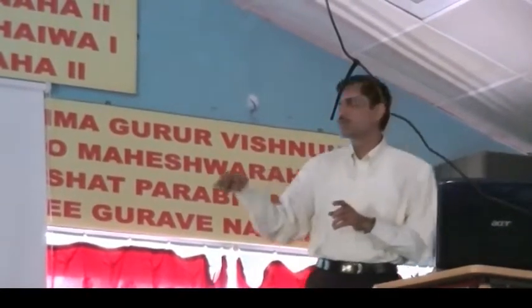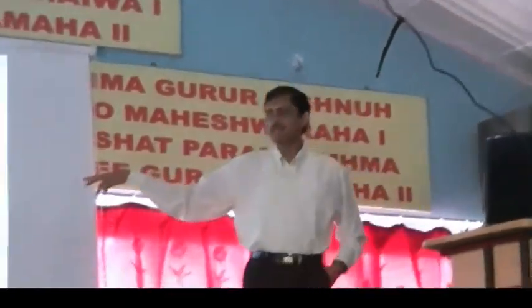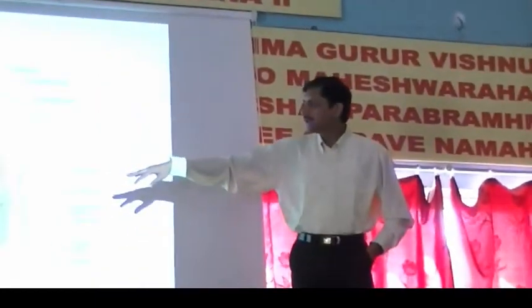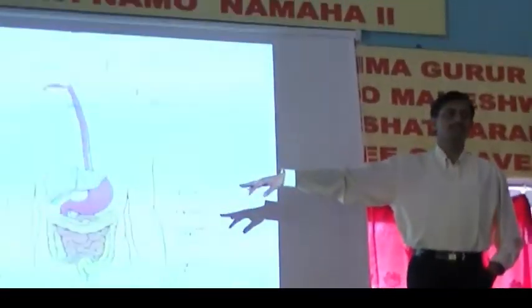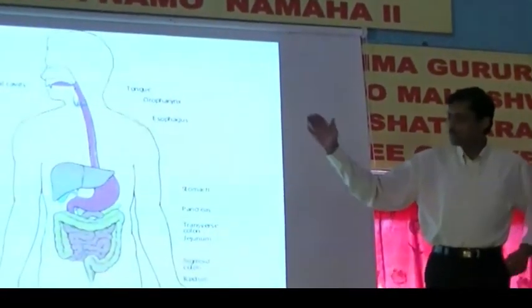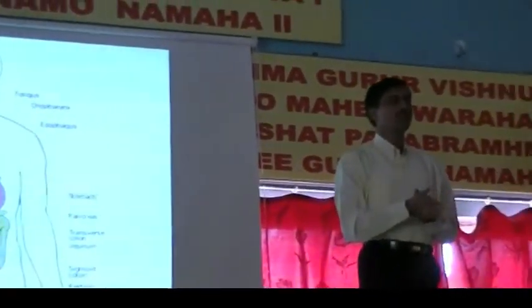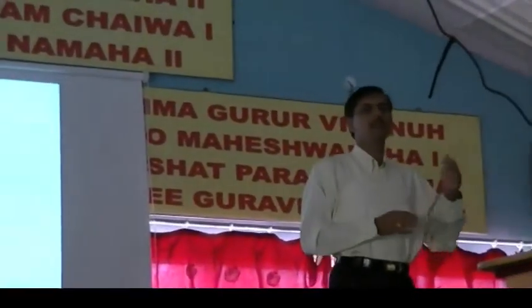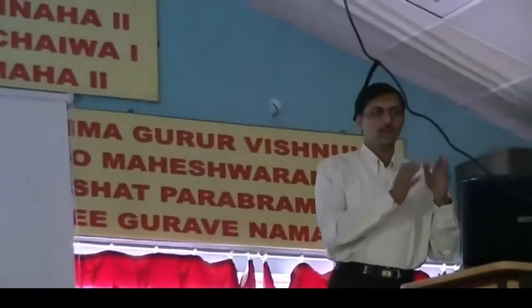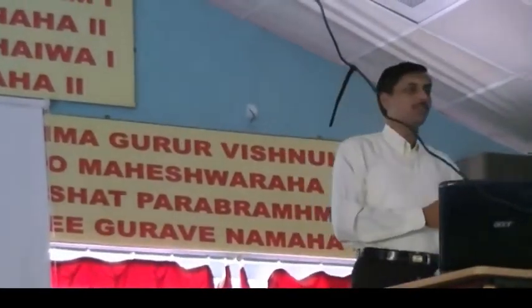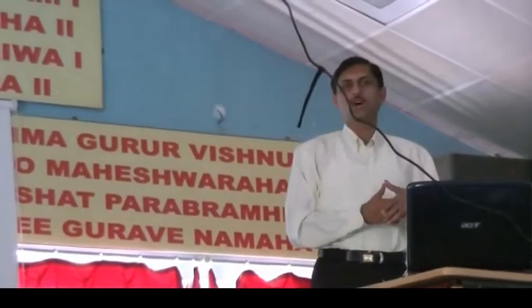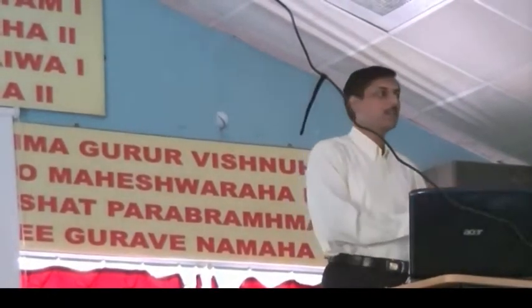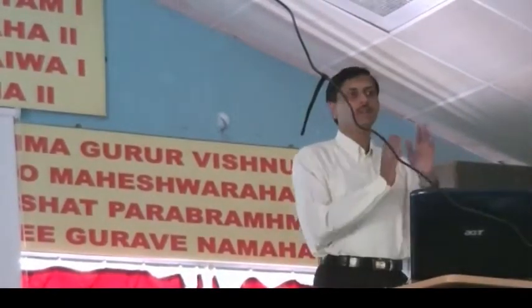As the food goes on traveling through the small intestine, ultimately it comes into the large intestine. By the time the food enters the large intestine, the maximum part of it has been absorbed into our blood. The remaining portion is undigested food, maybe some fibers or unused food, unused digestive enzymes. It's the remnant of the food.